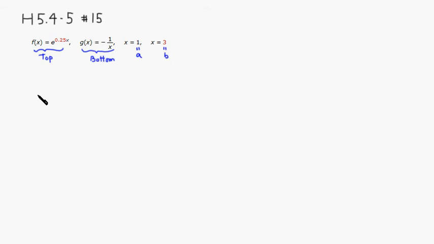The area between those two curves would be A equals an integral from 1 to 3, and the top curve is the exponential function e to the 0.25x minus, and there's a negative sign. I'm going to incorporate the negative sign to turn it into positive 1 over x, and the dx.